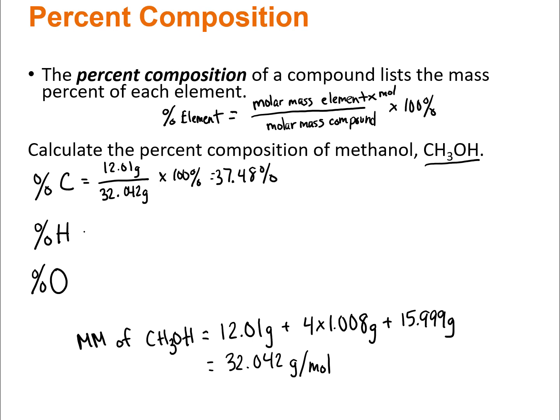For hydrogen, there are 4 hydrogens. Go ahead. What's your question? Mm-hmm. So it's the number of each element that you have. So carbon, we got 1. Hydrogen, there's 4 of them.